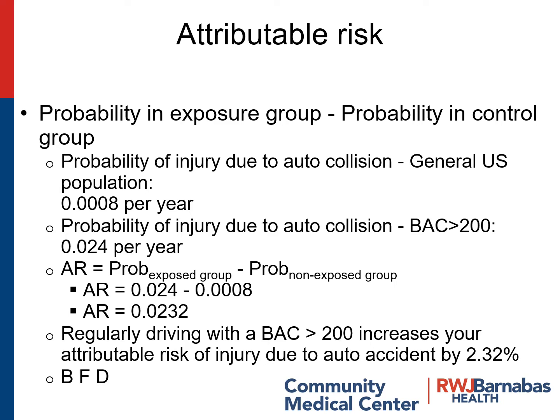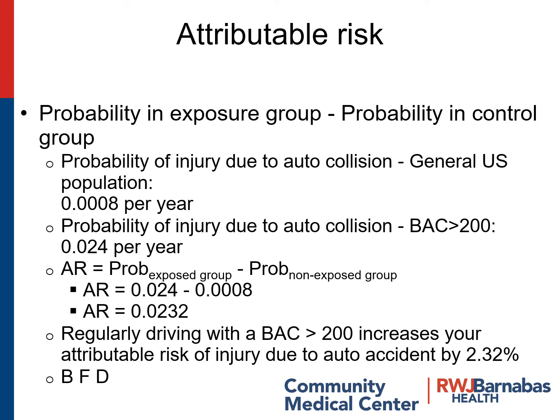All right. I'm going to use these in a couple concrete examples. These are statistics from about 10, 15 years ago, so they might have been updated, but they're good enough for right now. Remember, attributable risk is the probability of the outcome in the exposure group versus the probability in the control group. The probability of injury due to auto collision in the general US population is 0.0008 per year.